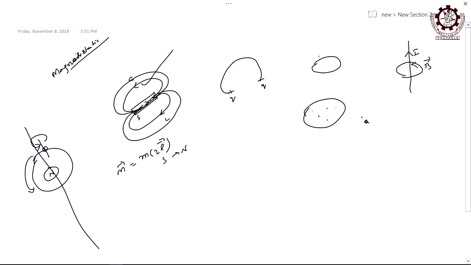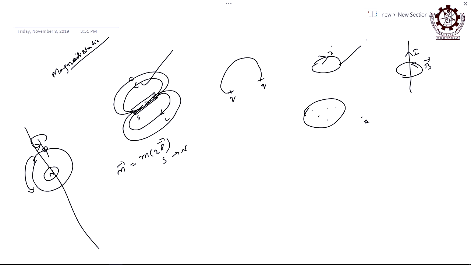The orbit of the electron is equivalent to a current carrying loop, and every current carrying loop is a magnet having two poles, a dipole, north and south. You know how to get the north pole and south pole. If here is a current carrying loop and the current is going in this direction, then two poles are there, north and south. Then it is a magnet or not? Obviously, it is a magnet.